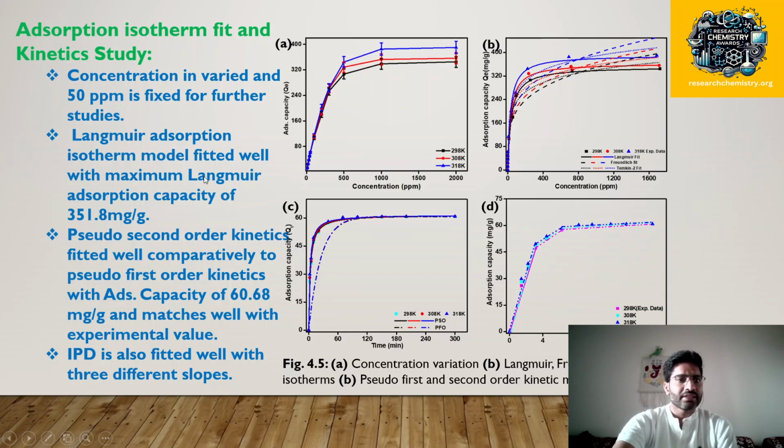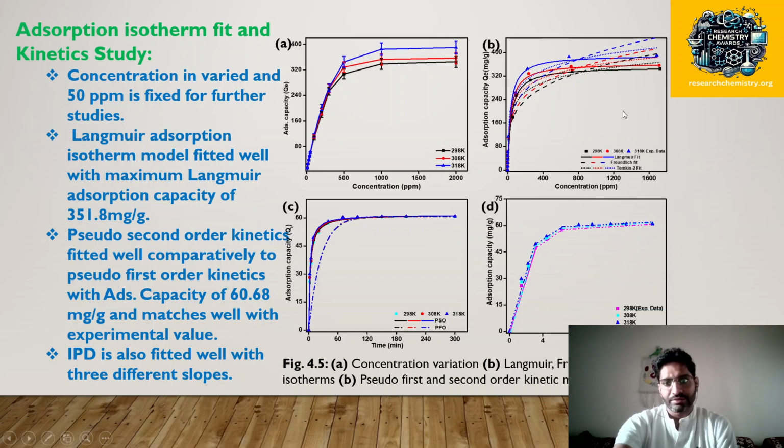After that, different adsorption isotherm models have been fitted, and it was found that the Langmuir adsorption isotherm model fitted well, with a maximum adsorption capacity of 351.8 milligrams per gram. This also suggests that the fluoride adsorption on the CPP2 material is monolayer and chemisorption in nature.